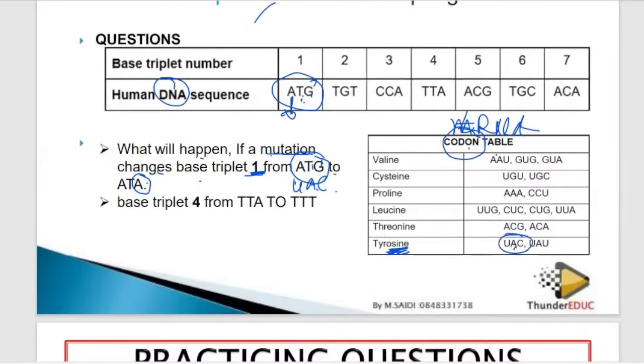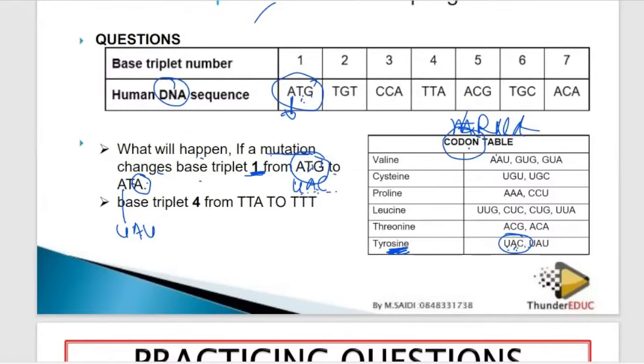So this is tyrosine. Then what about this? Now I change it again. It's going to be UAU. What does it mean? UAU is also tyrosine.